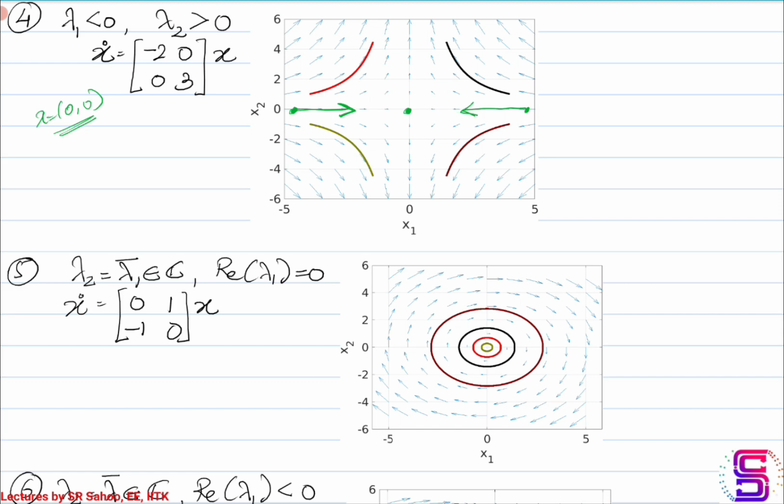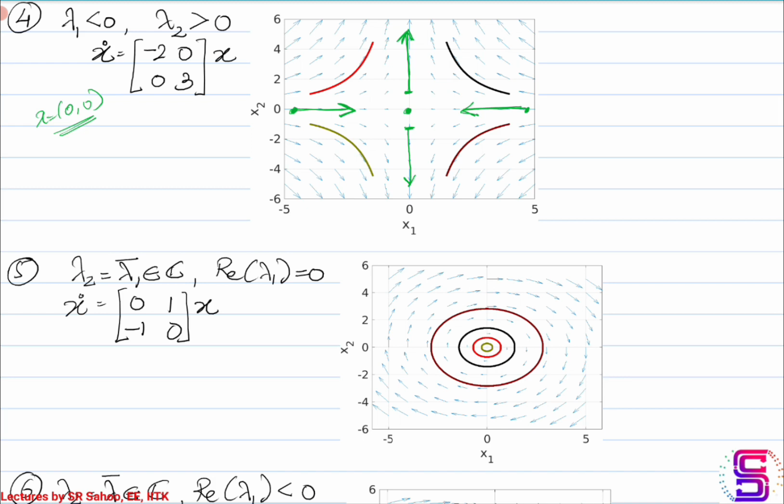But if you start at a point on the x2 axis, then it will stay on the x2 axis but will move away from the origin. Please note that the x1 axis here is the eigenvector corresponding to -2 and the x2 axis here is the eigenvector corresponding to 3.